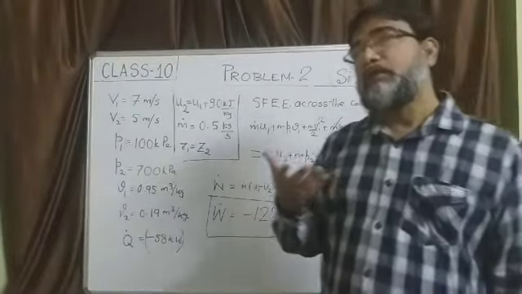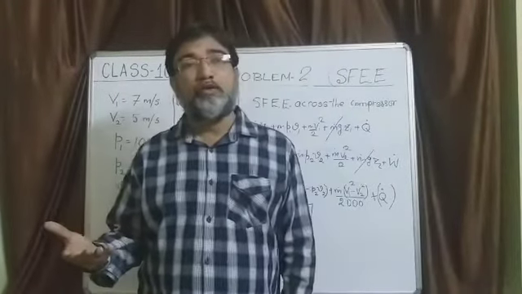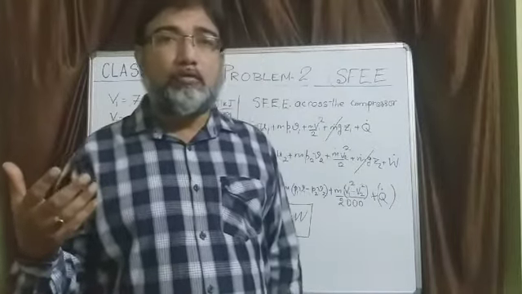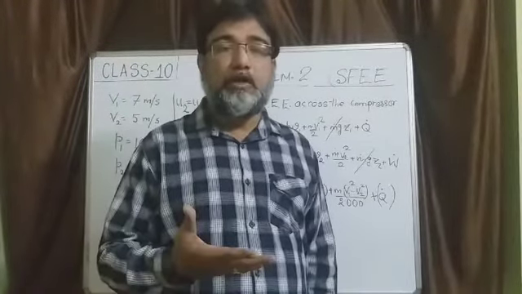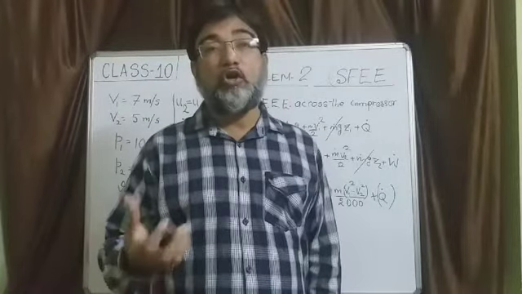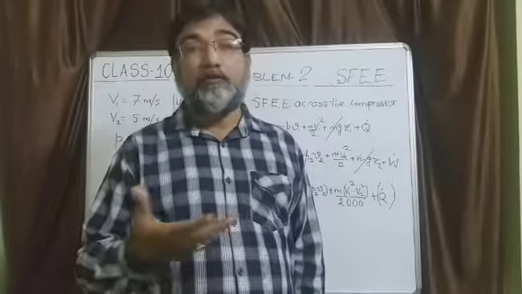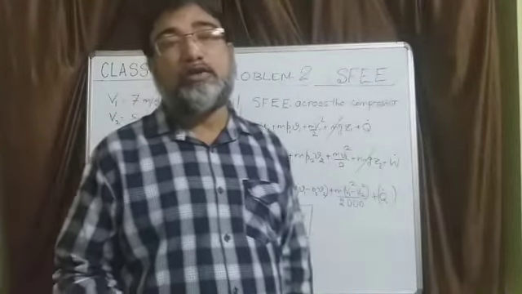During the course of discussion on the second law, we will be knowing about some very important concepts like reversible process, reversibility, irreversibility, causes of irreversibility, entropy, and refrigerator, a heat pump, and so on. So those classes are going to be very interesting.